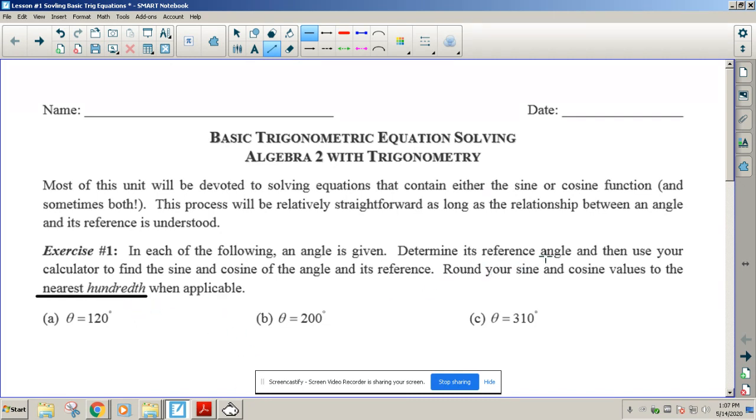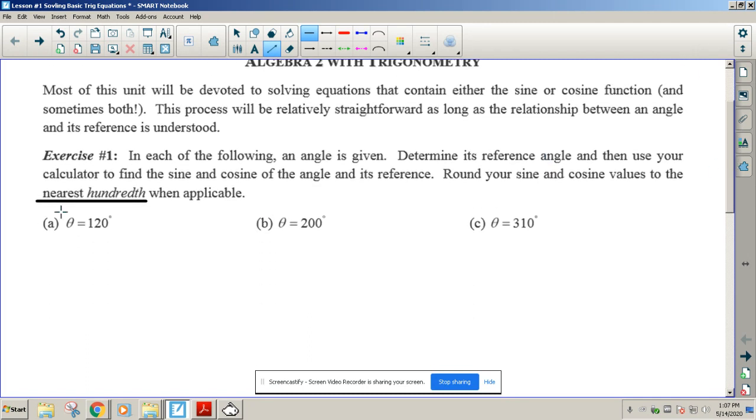So the first thing we want to determine is the reference angle. So that is going to take us back to the very first thing that we've done. And if I draw myself a little set of axes, and now I draw myself an angle, here about would be my 120 degrees.